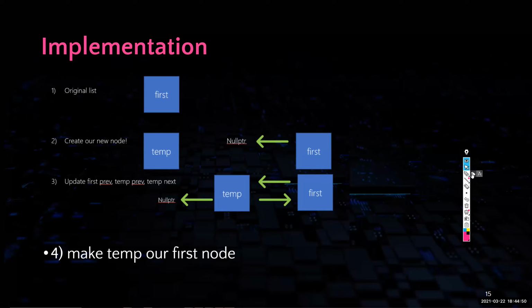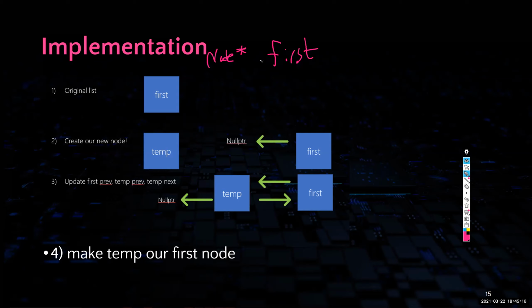Yeah, sure. So what's happening here is that if you look at the code for list.h, first is just a node pointer. So it's going to be node pointer first. First is some node already defined in memory.